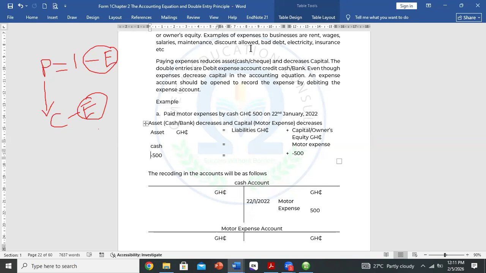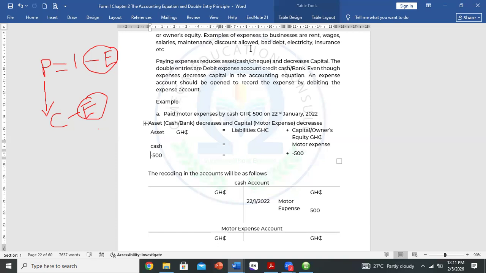Okay, so I'm taking the point again. I have a motor vehicle. One of the expenses on a motor vehicle is paying for your insurance. If you haven't paid for the insurance and they ask you what your insurance expense on your motor is, the answer will be 0.